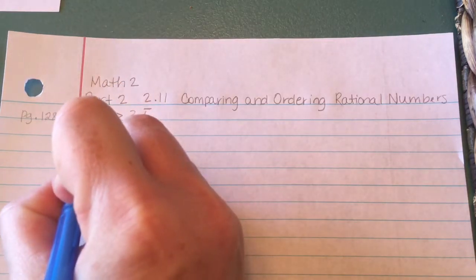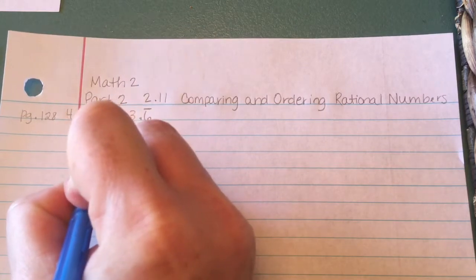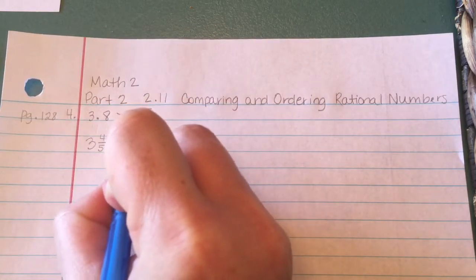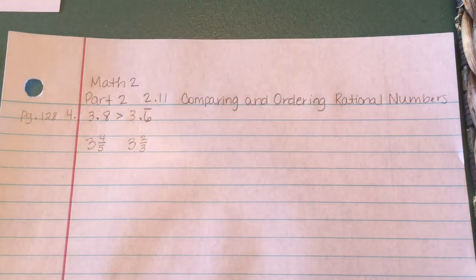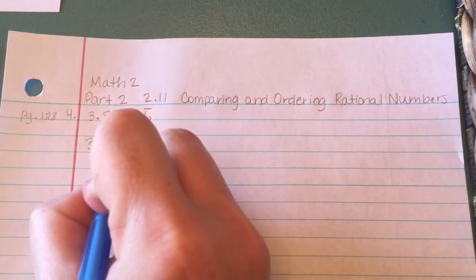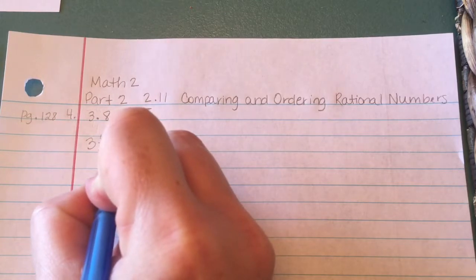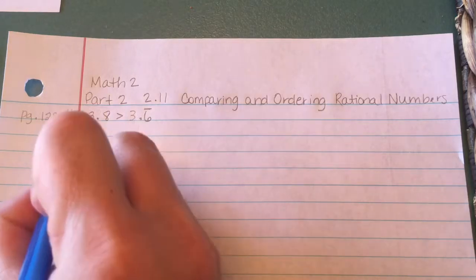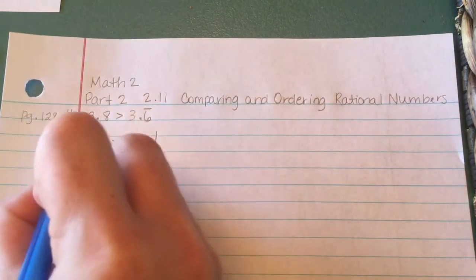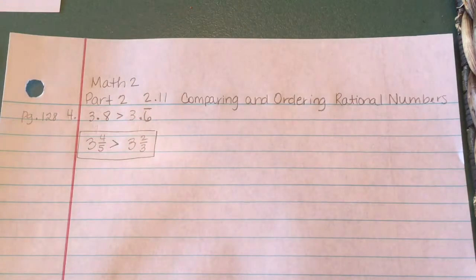They gave it to us as 3 4/5, and they wanted us to compare that to 3 2/3. So which is larger? We can use the decimal answers to determine our answer, and there we go. 3 4/5 is greater than 3 2/3.